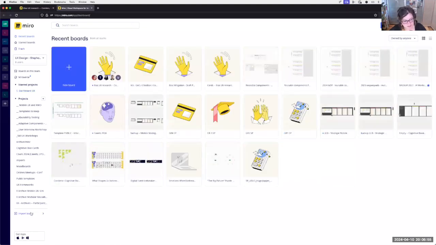They change it every week. Import boards, then upload, and the RBT file is basically a Miro file. So you need to import it into your Miro board. It's a backup of the board. Okay.